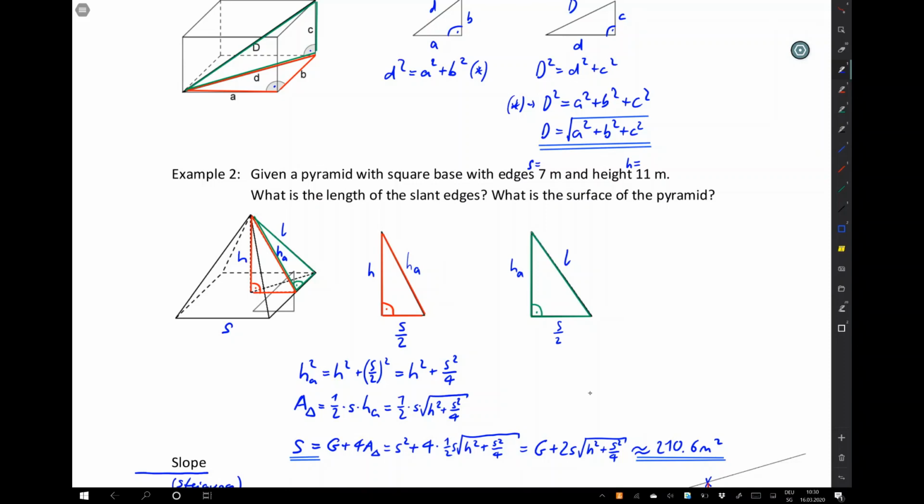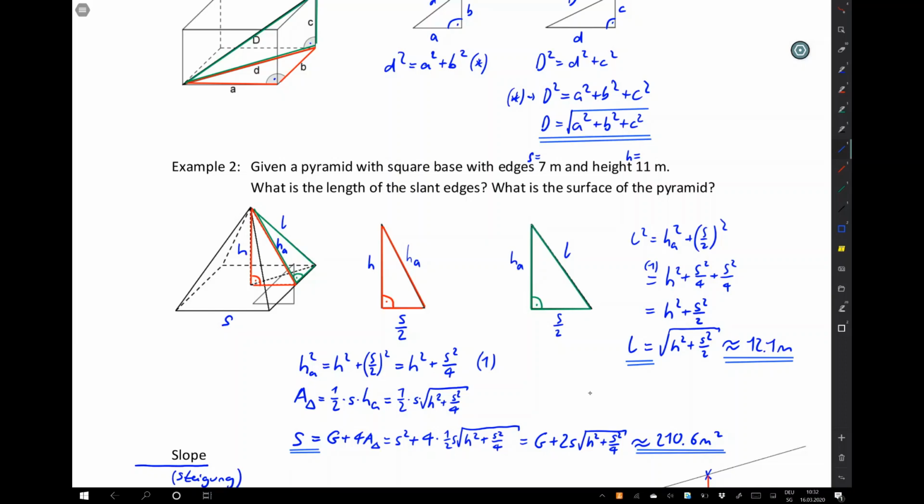And we get, again using Pythagoras, L squared is hA squared plus (s/2) squared. We can insert now the formula from before, number 1 here, and we get that L squared is h squared plus s squared over 2, and so we get for L approximately 12.1 meters.